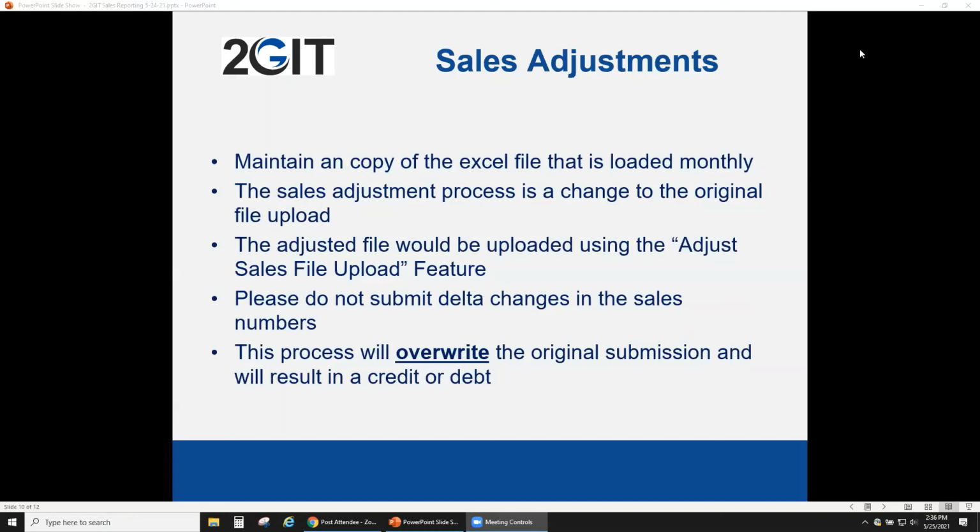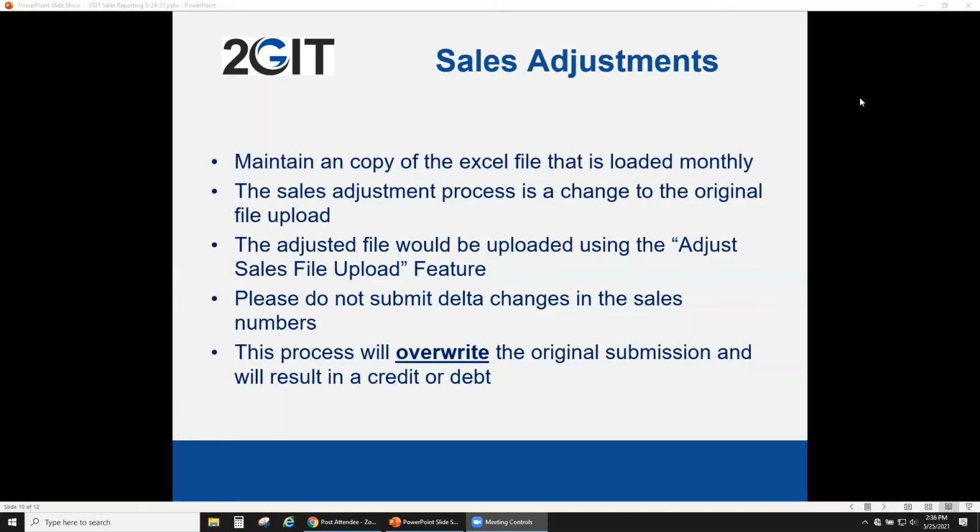And the system automatically does that. If you're under quarterly reporting right now, you probably have some sense of this. If you do a sales adjustment and remove sales, then you get a credit on your contract. When you report sales the next period, it automatically removes that credit amount from what you owe in additional IFF for that period. So if you've got quarterly and you've been around for a little while and you've made some sales adjustments, you've probably seen some of these items happen.